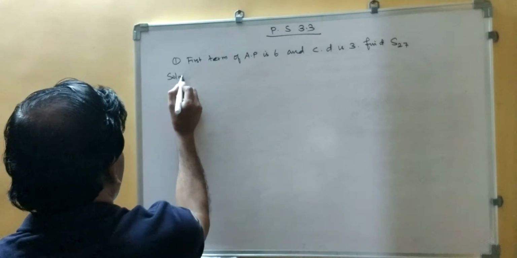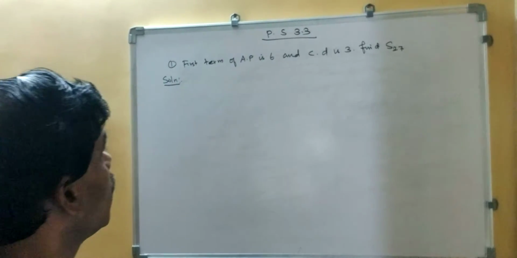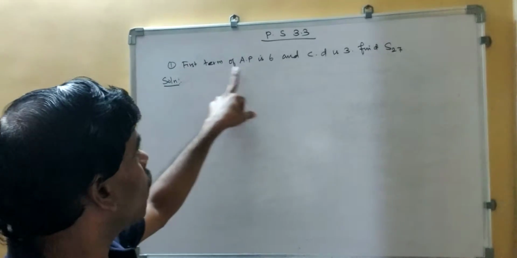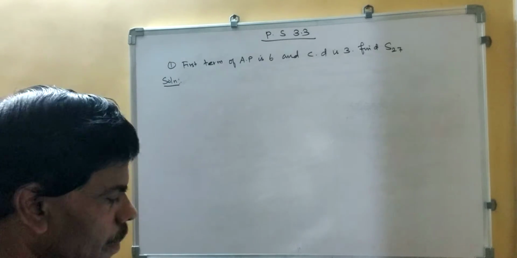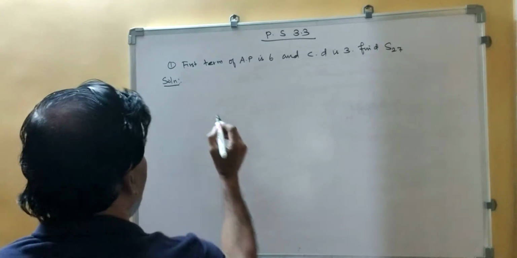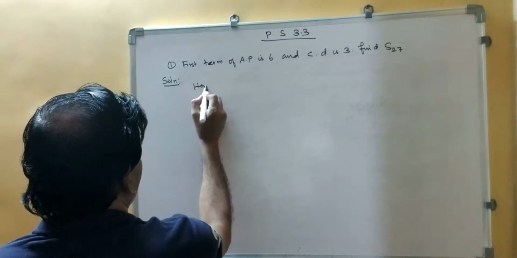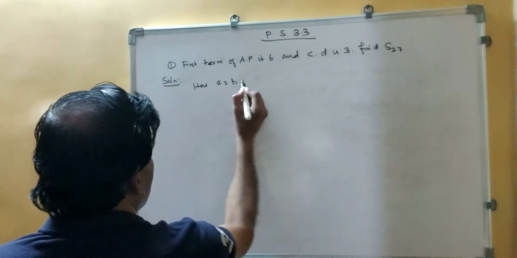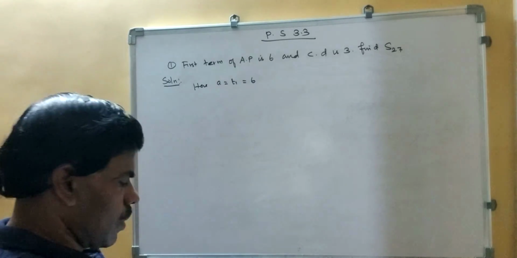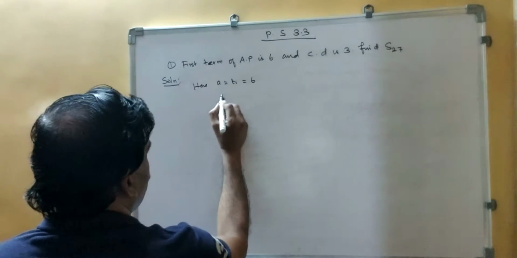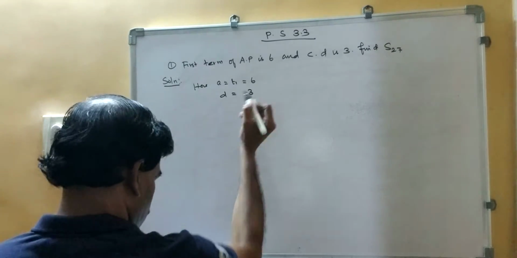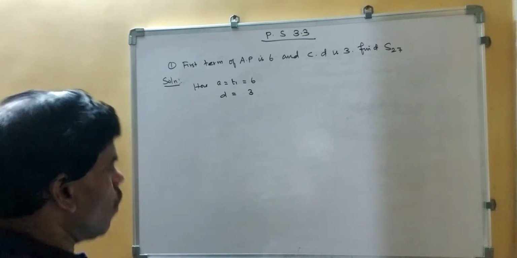It is a different type of sum. The sequence is in AP. The first term is 6. That means a equal to T1 equal to 6. And the common difference is 3. Now what you have to find out?